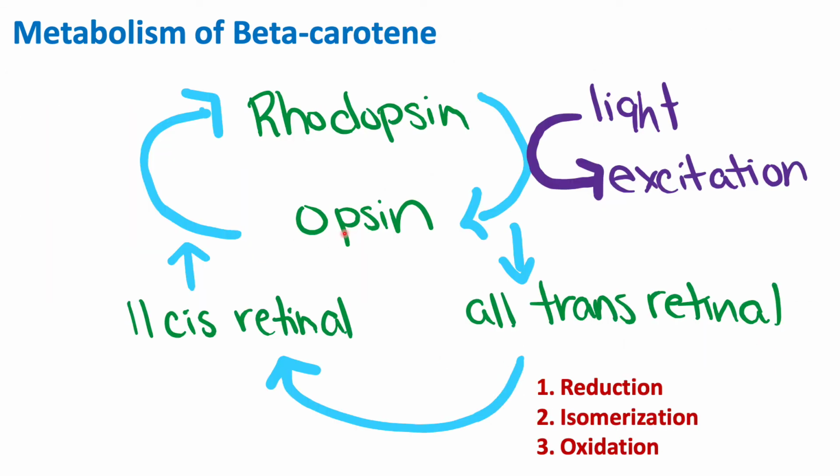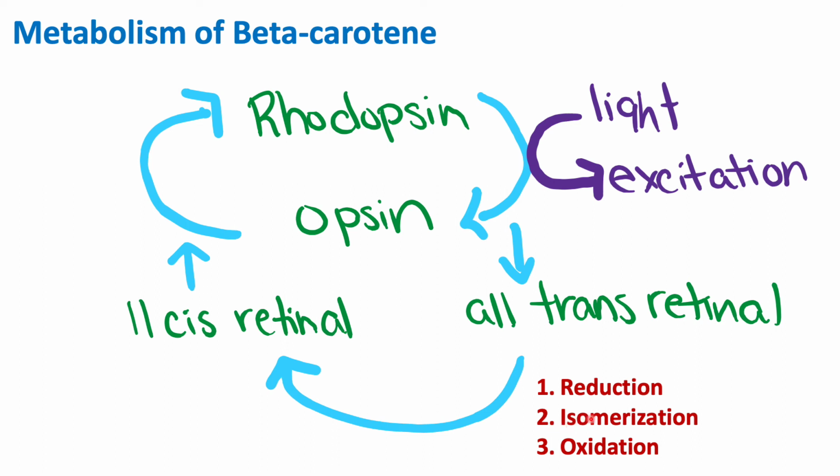Now, to quickly show that schematic again, we have all-trans retinal, but remember, we're interested in all-trans retinol. So it's going to undergo a reduction pathway where we will utilize NADH to get all-trans retinol. That all-trans retinol will undergo an isomerization reaction to produce 11-cis retinol.